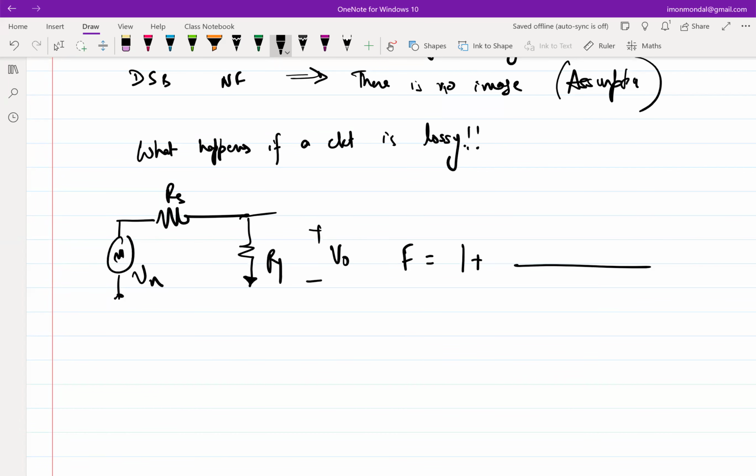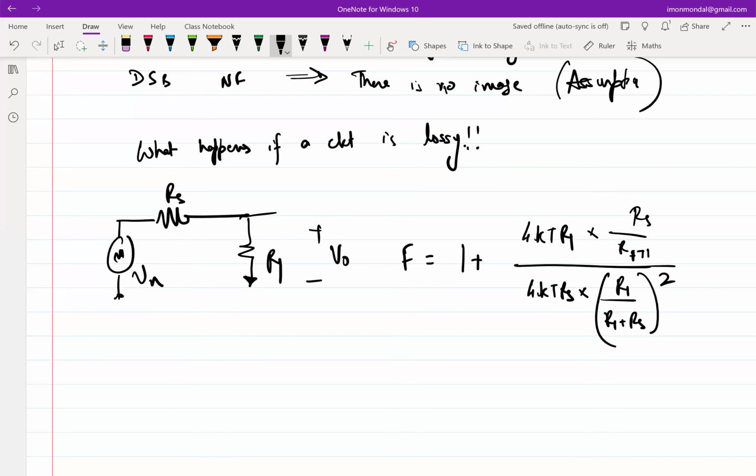So let's do this. What is the noise contributed by the source? 4kTRS times (R1 by R1 plus RS) whole squared. And what is the noise contributed by R1, which will go in the numerator? 4kTR1 times (RS by R1 plus RS) whole squared.